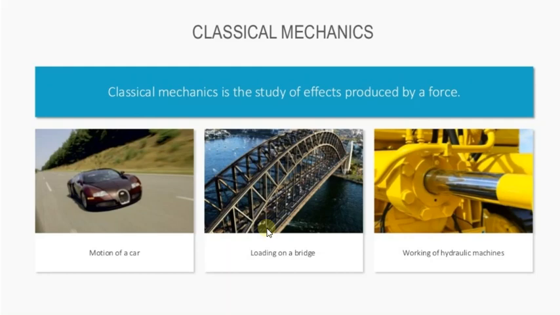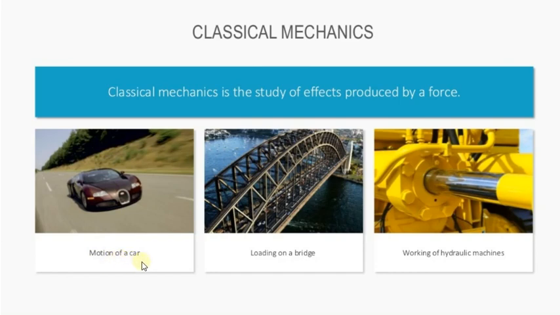Classical mechanics is basically the study of effects produced by force. For example, the motion of a car. As the engine exerts force on the car, the car starts moving. So due to the effect of the engine's forward driving force, the car is in a state of motion.